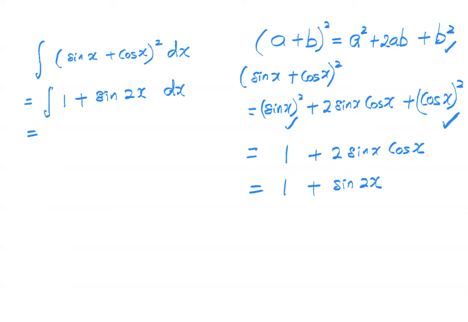Okay. The request of me going to the next page, wait for a while. Let me settle this first. Okay. So this will be x plus the integration. What do you get? Negative cos 2x over 2, then plus c.